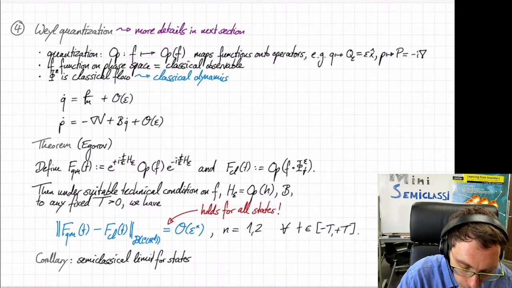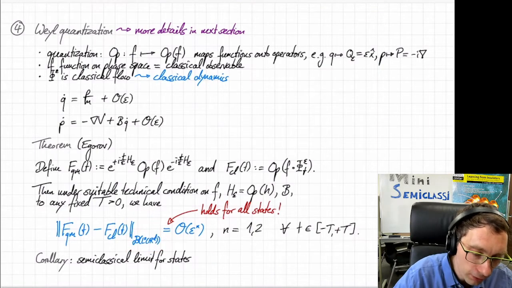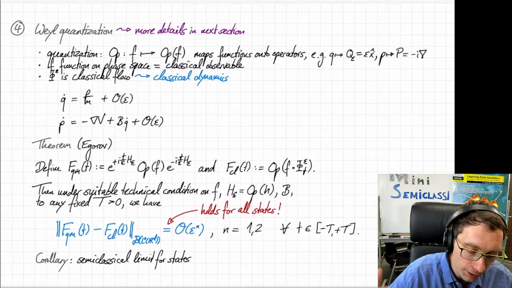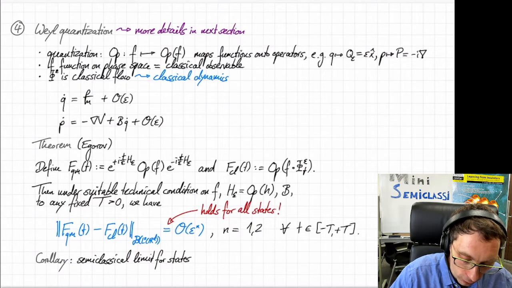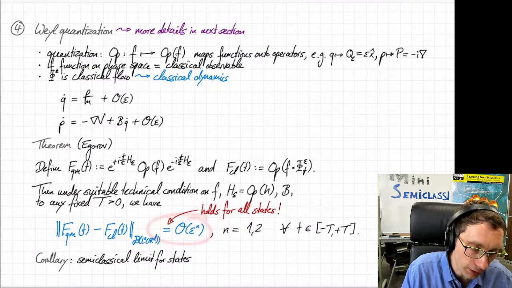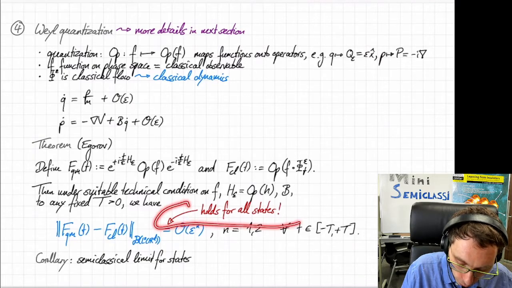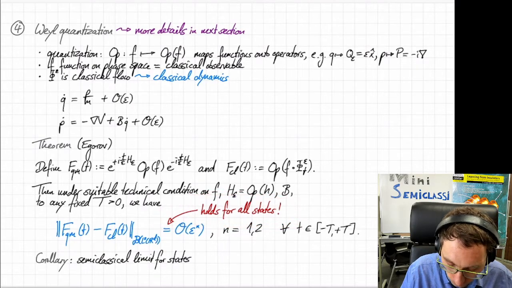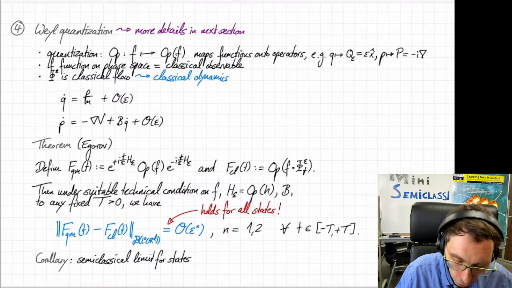And that is simply because, when you compute the operator norm, you're taking the supremum over all normalized states, and normalization is not really a crucial issue here. So you're really proving something that is much stronger than what you would with the other approaches. So if you can prove this, then you're in good shape.